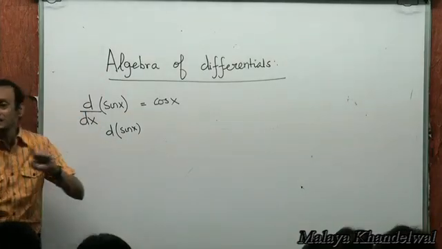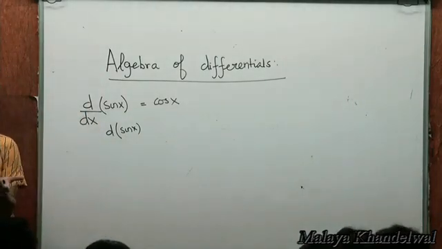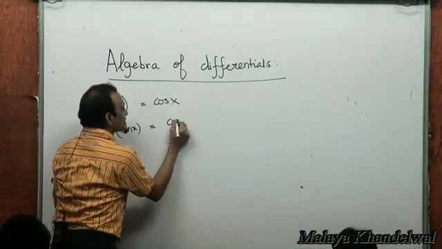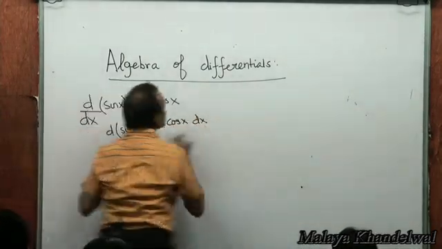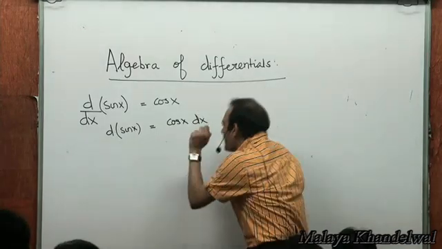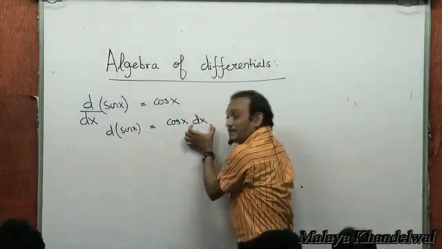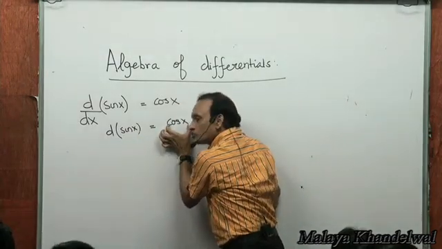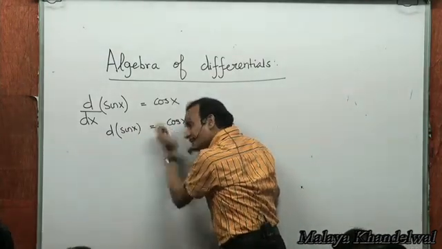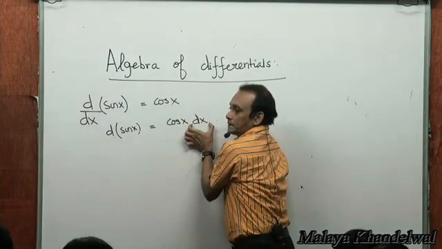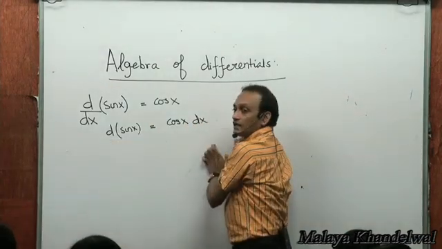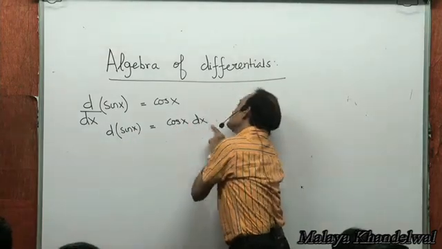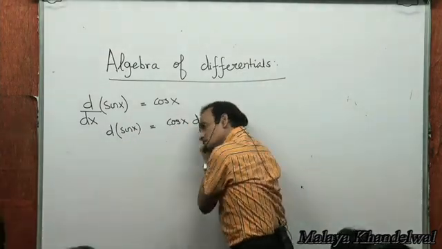D of sin x means an infinitesimally small change in sin x is cos x into dx. That means if x changes by a very, very small amount dx, the change in sin x would be the original value of cos x at that x into the change in x. This is an infinitesimally small change in sin x.